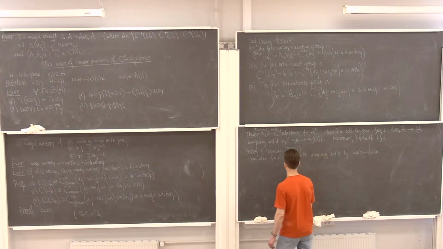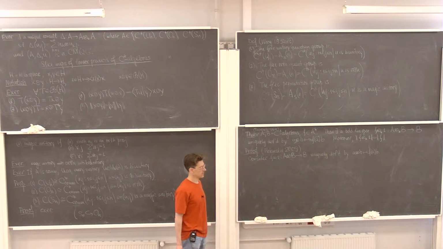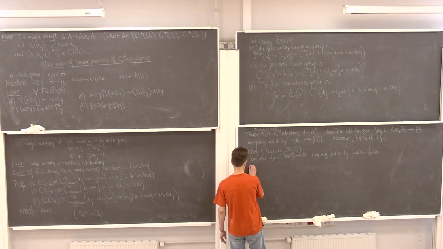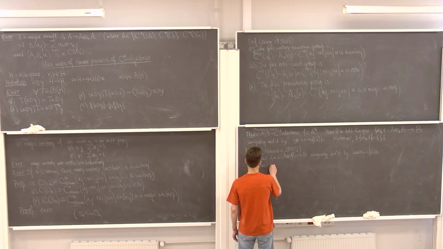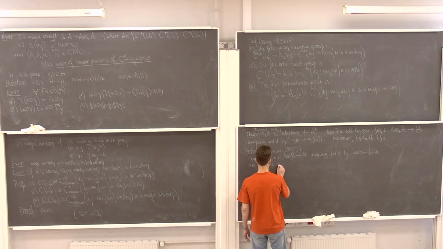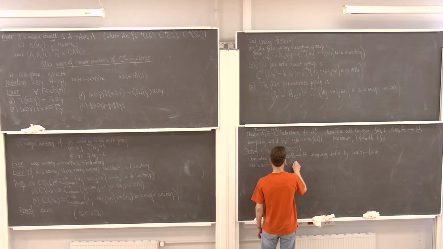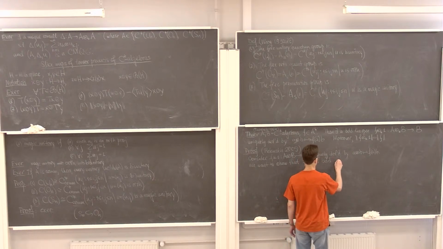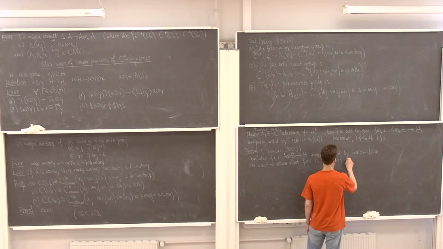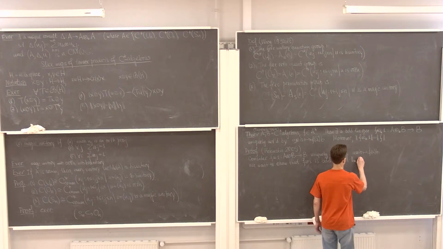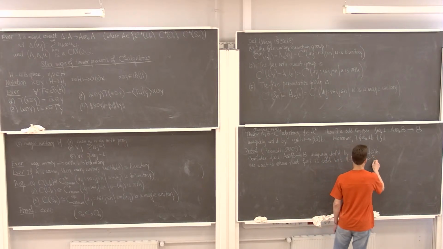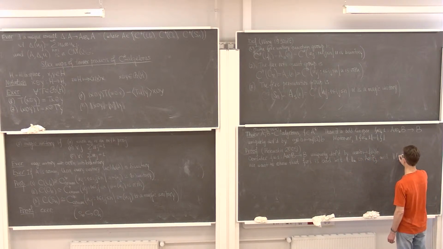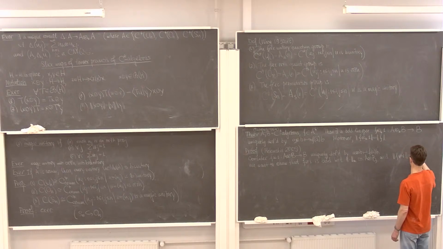So we want to show that this map is bounded for the spatial C-star norm on A tensor B, and moreover that the norm of f tensor 1 is less than or equal to the norm of f.